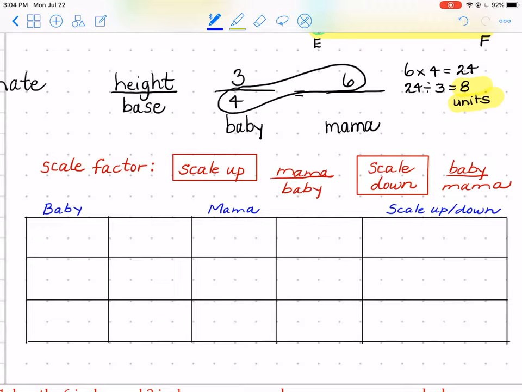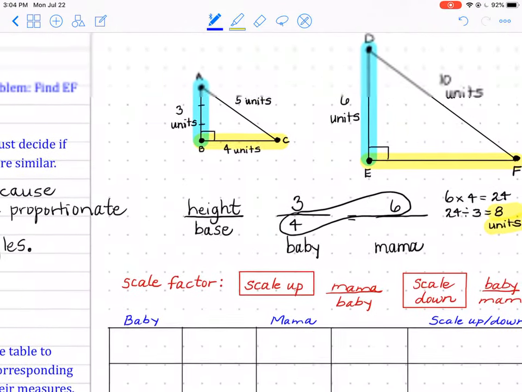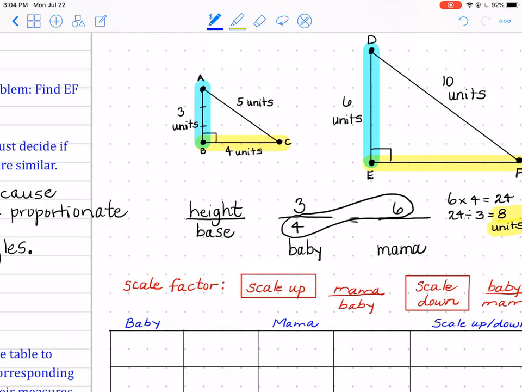My throat's getting dry. So let's take a look at baby for just a minute. Would you agree with me that baby has 3 sides? One of them is A to B. That's that height, that blue line I marked.